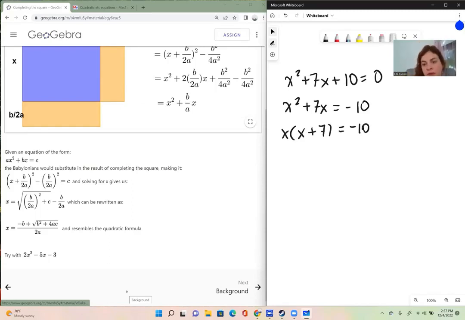Okay, so here I'm going to make a little number line with x on the left and x plus 7 on the right. And we know that this quadratic is going to be centered right in between these two at the midpoint. And the midpoint would be x plus 7 over 2.